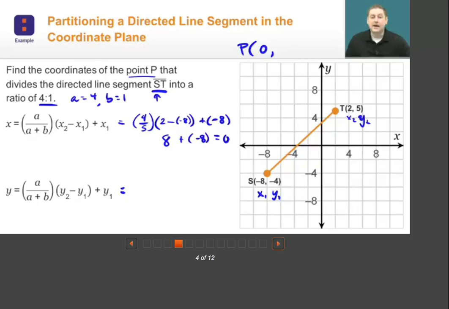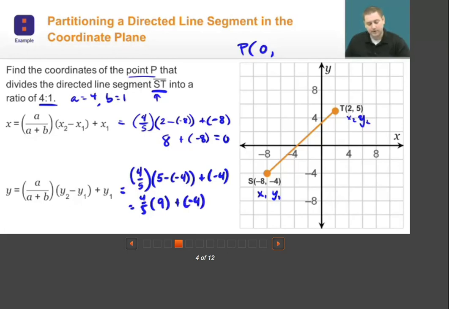All right, so now let's go ahead and find the y-coordinate. Once again, I have a over a plus b. That's equal to 4/5. And we're going to be multiplying by y2 minus y1. That's going to be 5 minus a negative 4, and then we're going to be adding a negative 4 at the end. 5 minus a negative 4 is 9. So I have 4/5 times a positive 9 plus a negative 4. Now if I take 4/5 of 9, that's going to give me 36/5 or 7 2/10, 7.2.